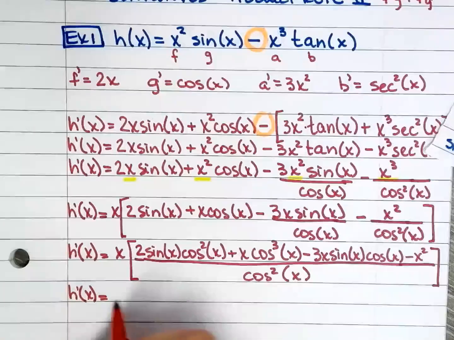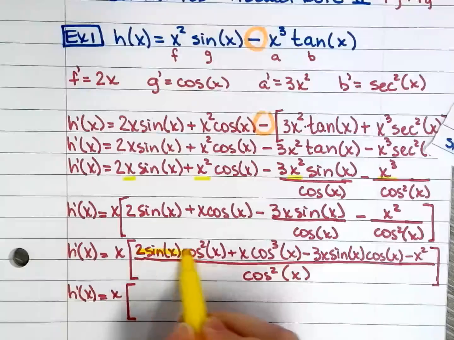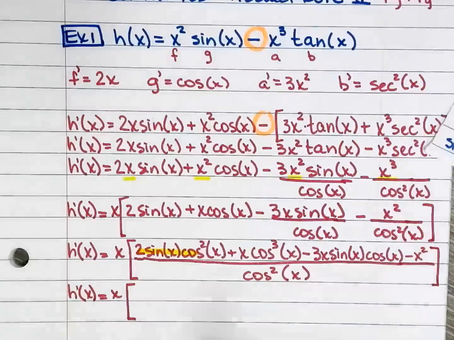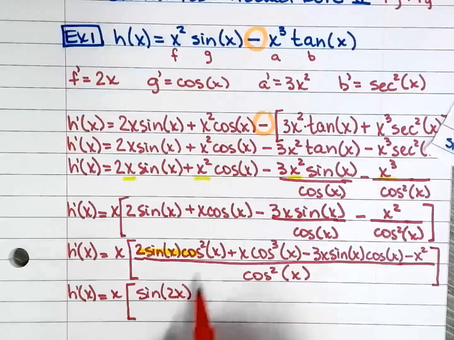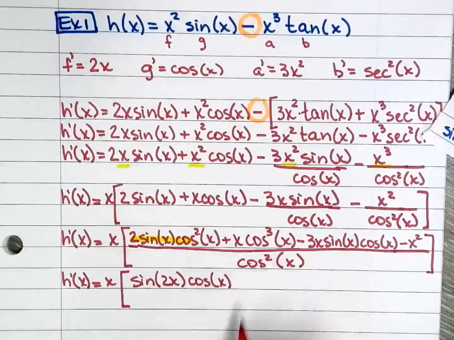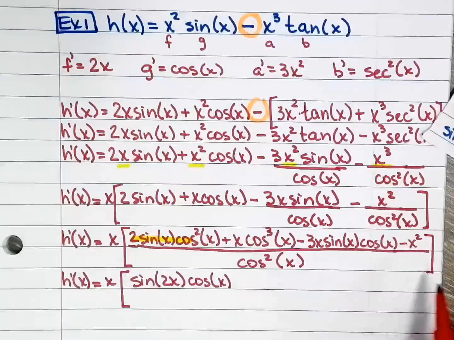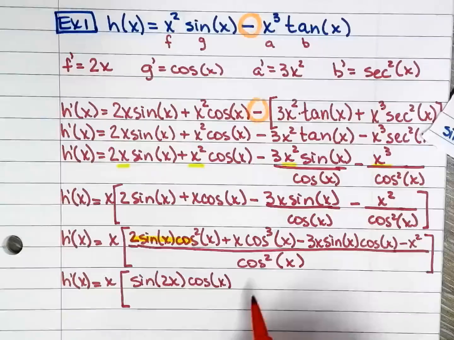So I can rewrite, we're almost done, this, not with the squared, but I can rewrite as sine of 2x, and then I have a cosine left over here, cosine of x. And then there's nothing I can do to anybody else over here for me to rewrite, so everything will stay the same.